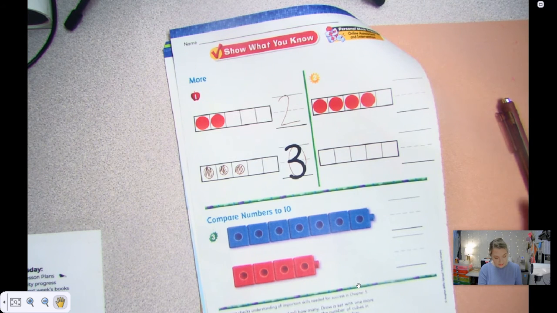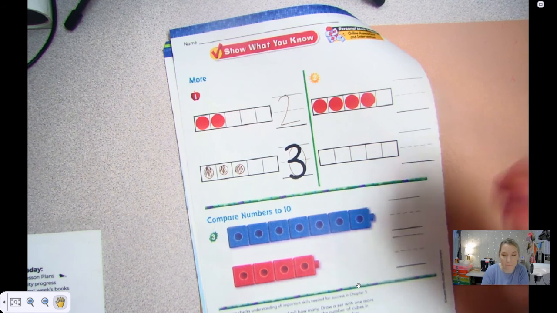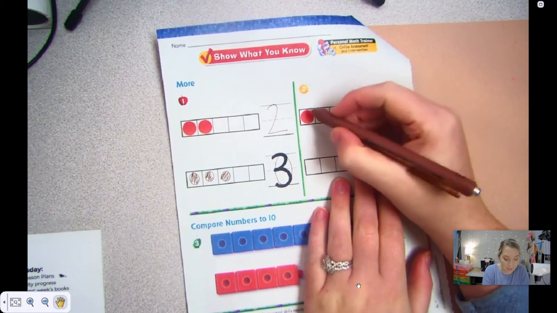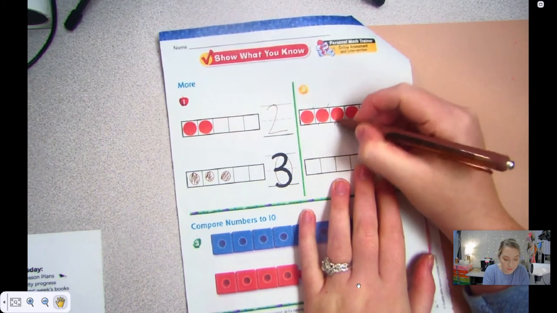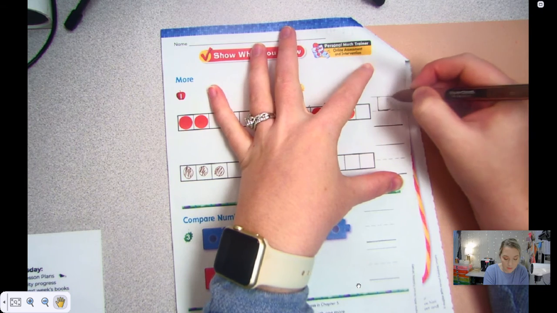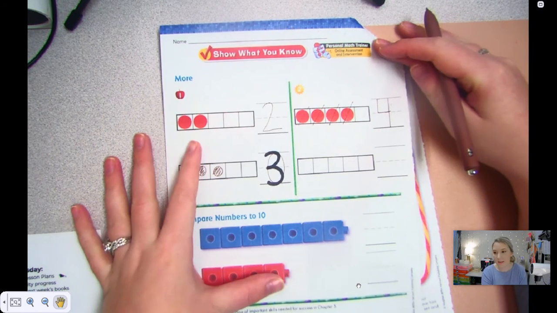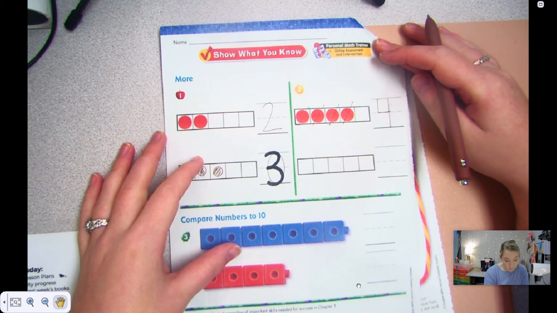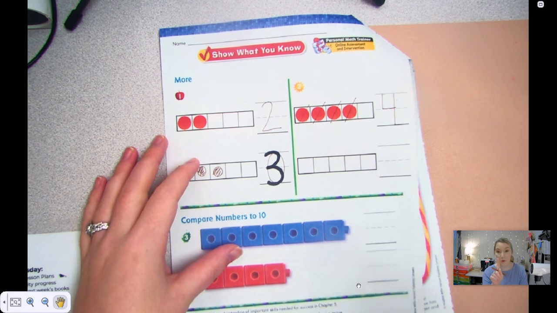Let's look at number 2. Count and tell how many. Okay. I counted 1, 2, 3, 4. So then we're gonna write the number 4 on the line next to our counters. Now, draw a set with one more counter.